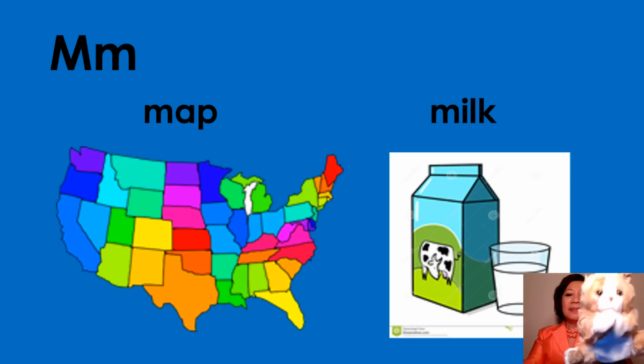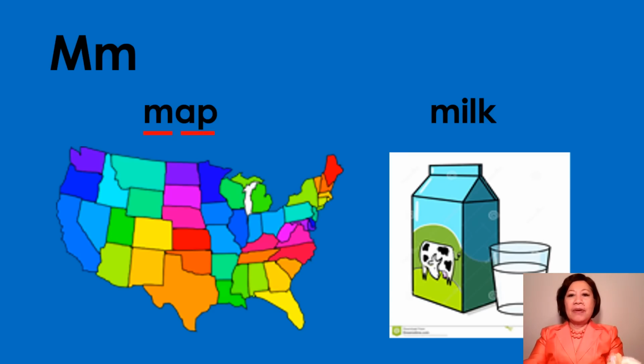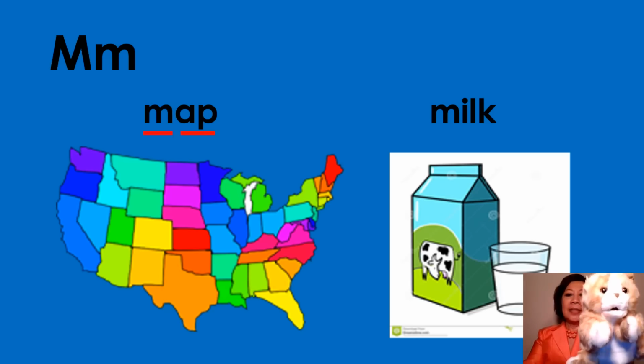M. M says M as in map. This is a map of the United States of America. M. M says M as in milk. Fresh cow's milk is a healthy drink.